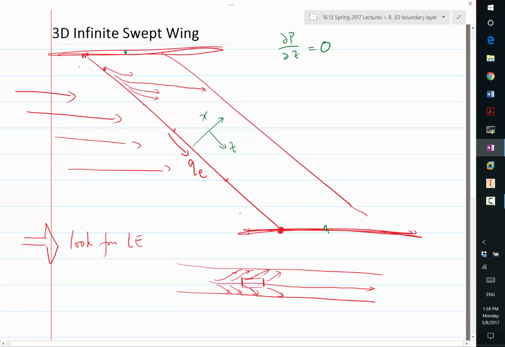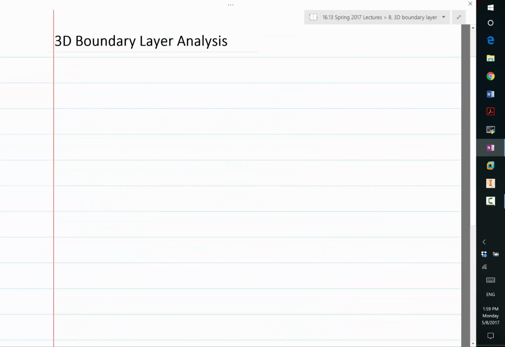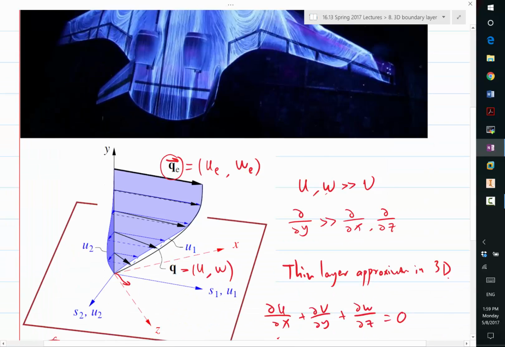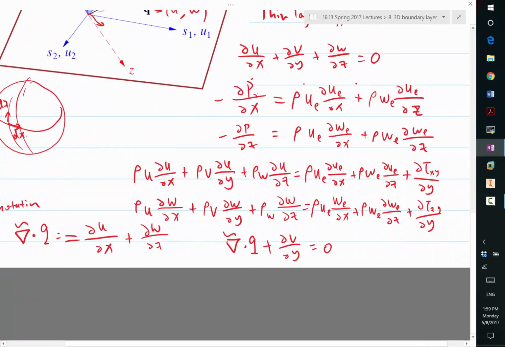Now combine that with the momentum equation outside the boundary layer. If you think of the momentum equation outside the boundary layer, dp/dz is equal to what? We just looked at it over here: dp/dz is rho ue times dw/dx plus rho we times dw/dz.